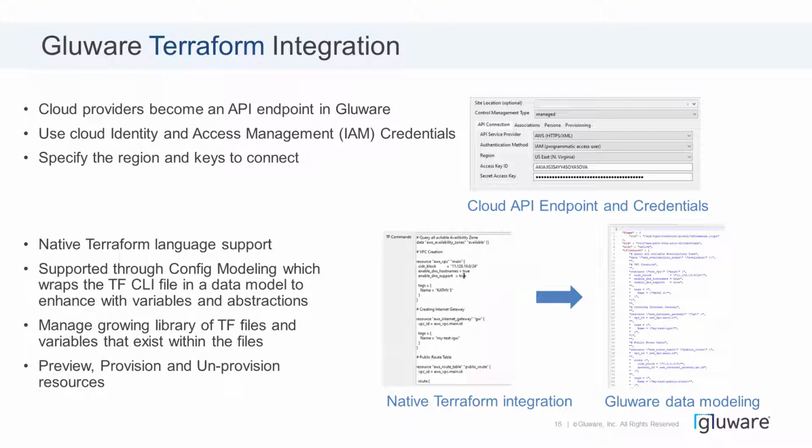So using Gluware, you'll be able to manage your growing library of what are known as TF files, or your Terraform files, and we're maintaining the file structure and the state files that Terraform requires as well. So with Gluware, you'll be previewing, provisioning, and unprovisioning those infrastructure as a service cloud resources.